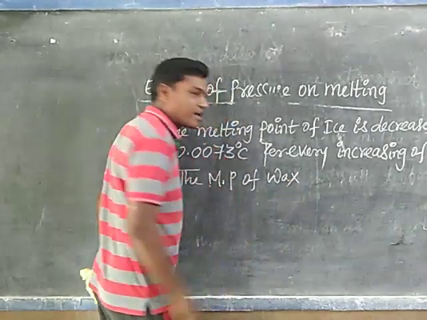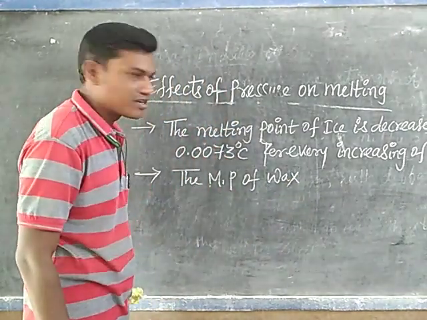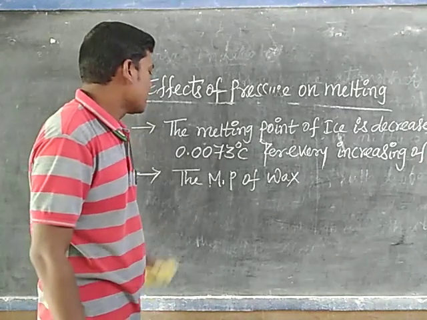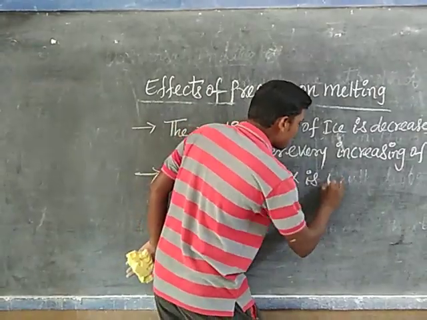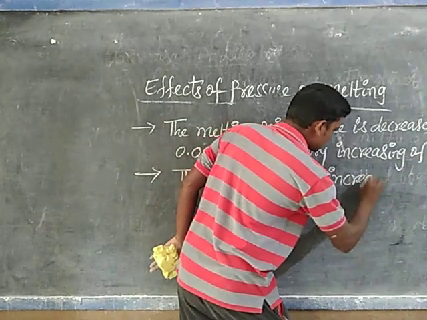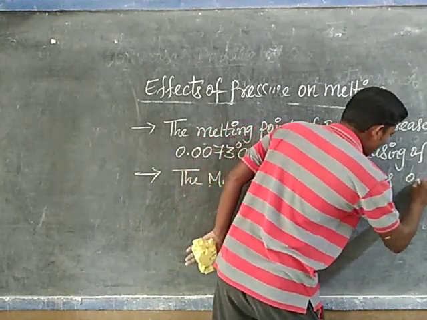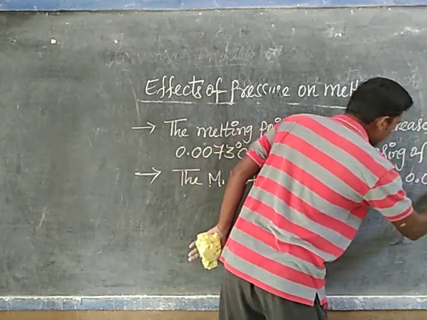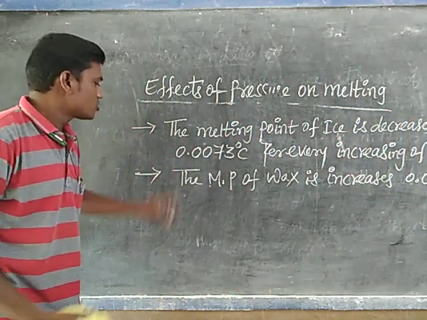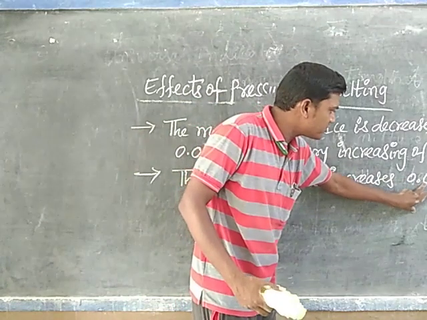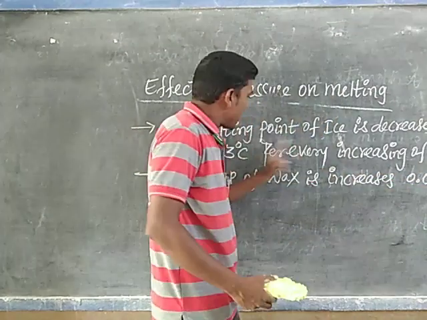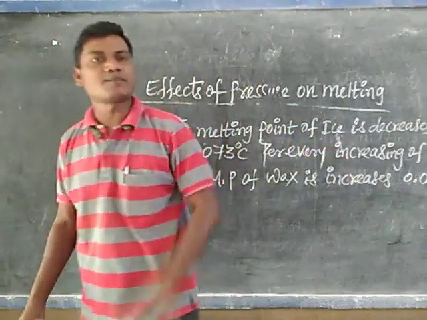it is used to make candles, that paraffin wax. The melting point of wax increases by 0.04 degrees Celsius. Listen: the melting point of wax increases by 0.04 degrees Celsius for every increase of 1 atmosphere.